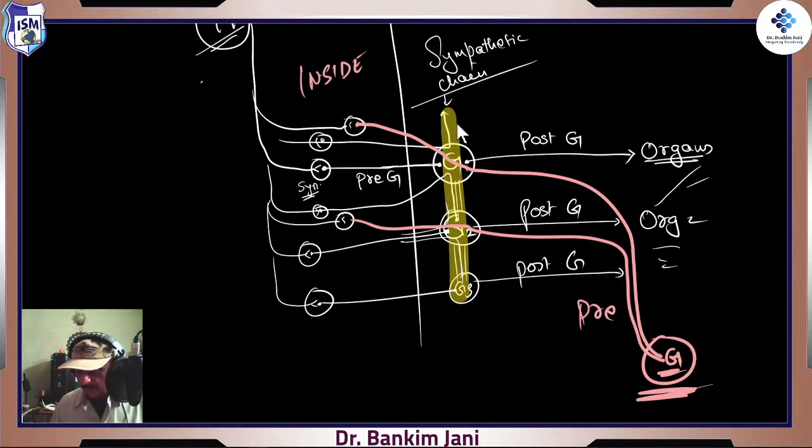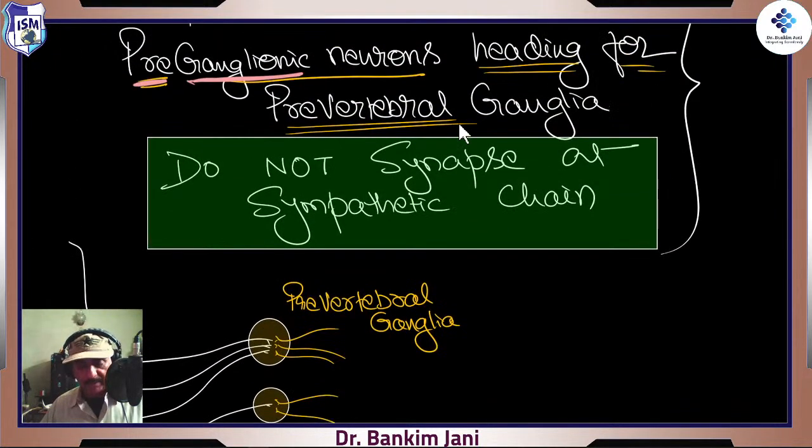They are before ganglion because they never terminated at any of the standard sympathetic chain. So they are preganglionic fibers. Now, see how simple the sentence is. Preganglionic fibers or neurons who are heading for those special ganglia are called the prevertebral ganglia.